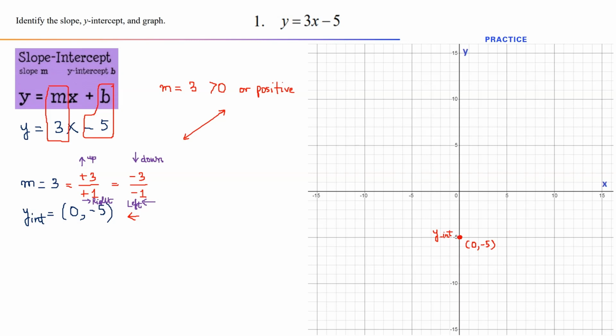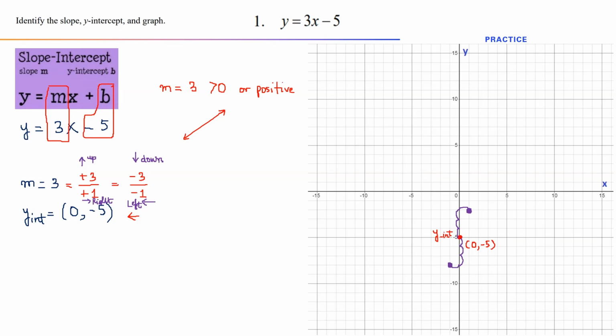Okay, so in the first case we go up 3 units, 1, 2, 3. Then we go to the right 1 unit, 1. So this is the point if we use up and right. If we go down 3 units, 1, 2, 3, we have to go to the left 1 unit, 1.